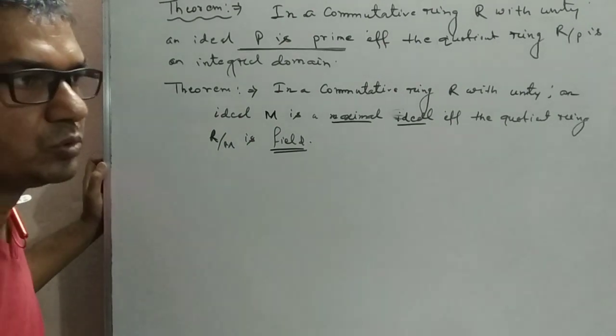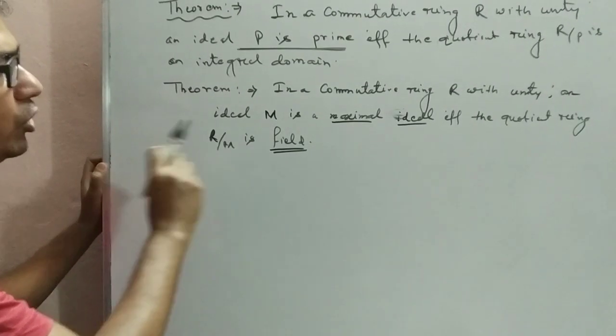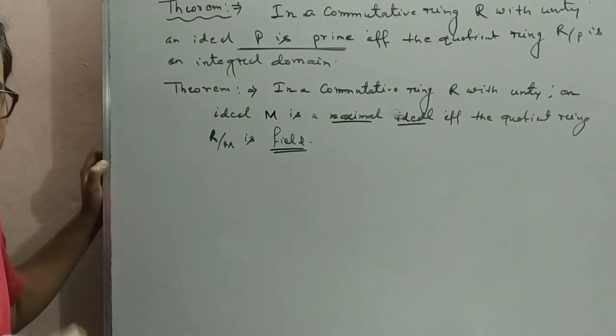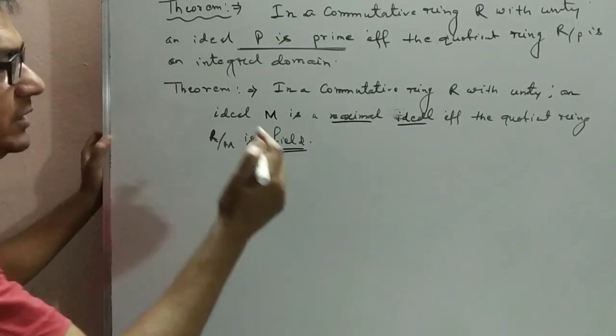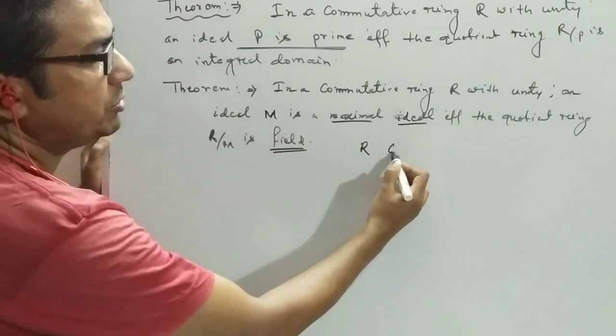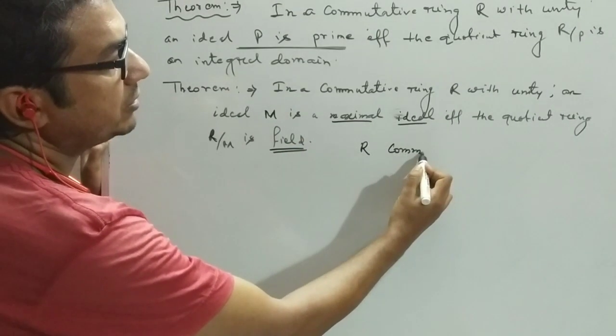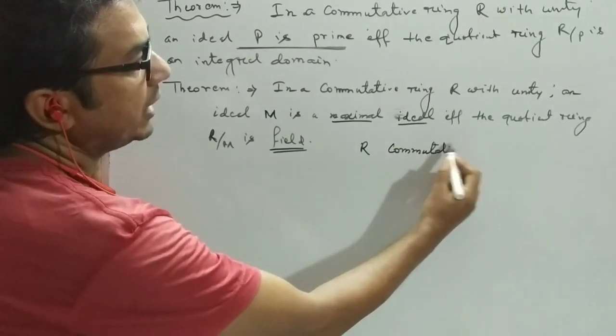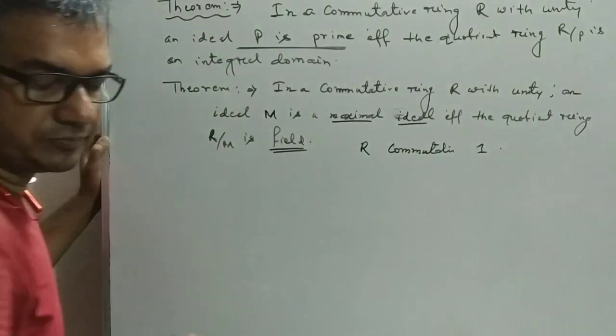Now, for proving the first part, we let R be commutative and with unity.